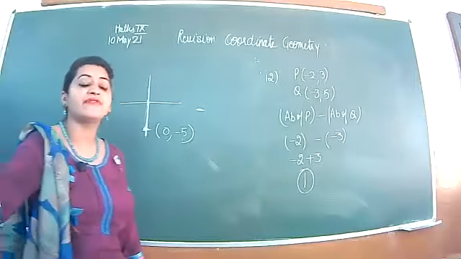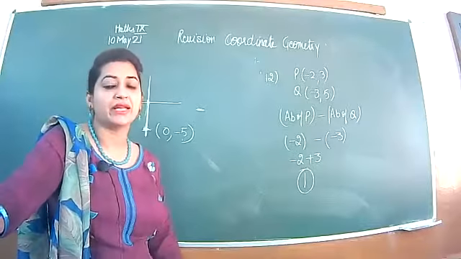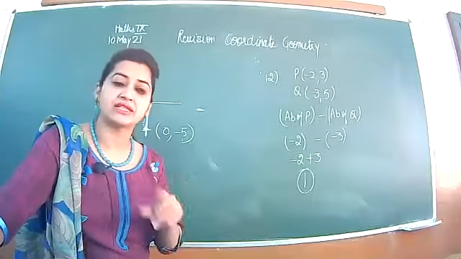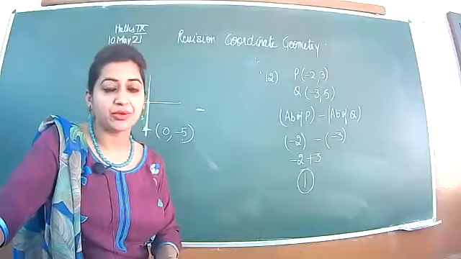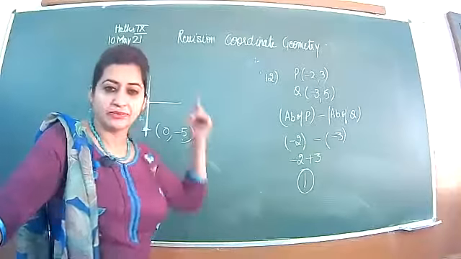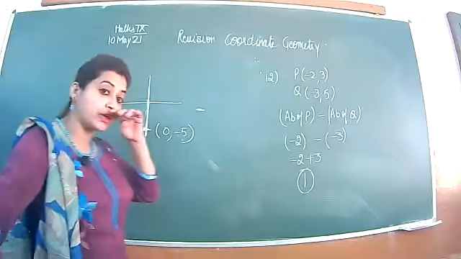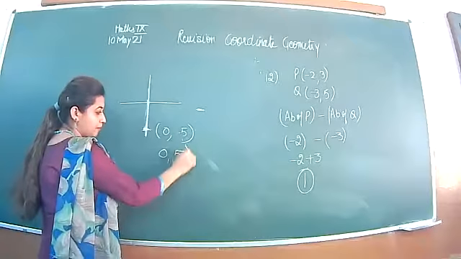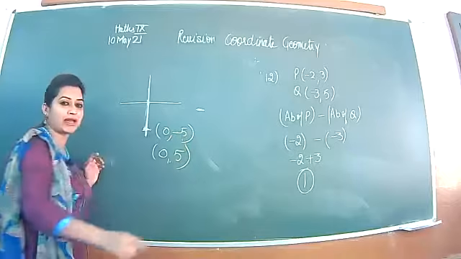And one more thing, if it is written that the point lies on a y-axis at a distance of 5 units, ये mention नहीं होता कि it will be in the positive direction or in the negative direction. So you will write two answers. It can be 0, +5, it can be 0, -5.